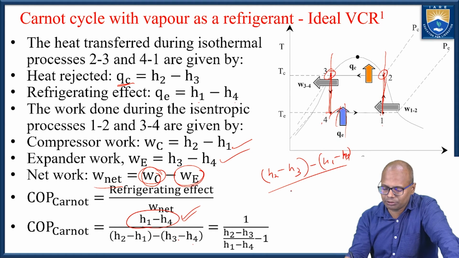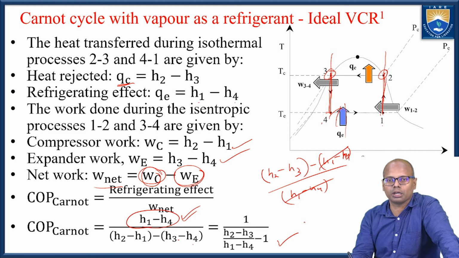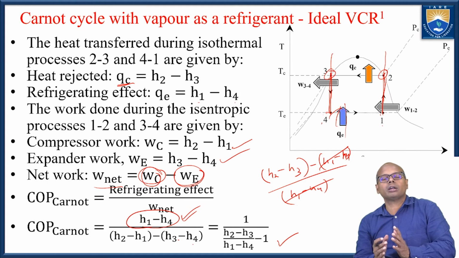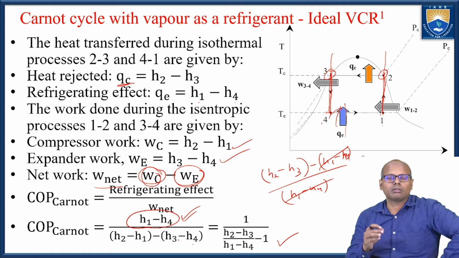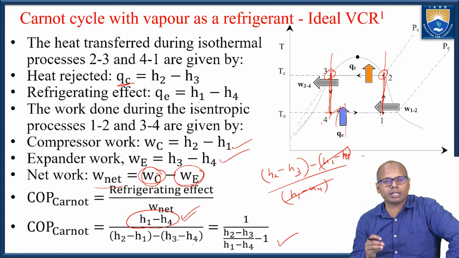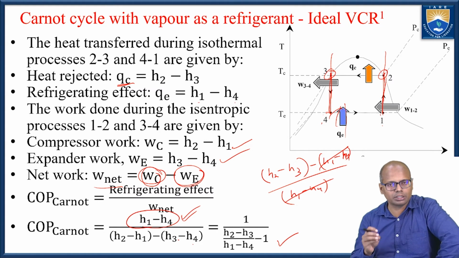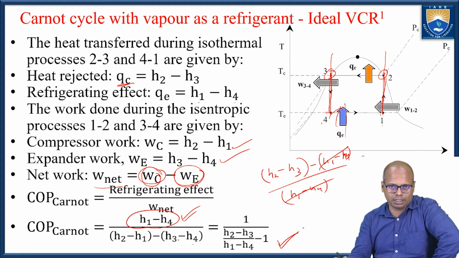If I divide this with H1 minus H4, what will happen? This is H1 minus H4, this will get cancelled, and I will remain with H2 minus H3 by H1 minus H4. So that is what is given in the formula. So this is the Carnot refrigerant. If it is working on a reversed Carnot cycle, this is the COP of the refrigerator.